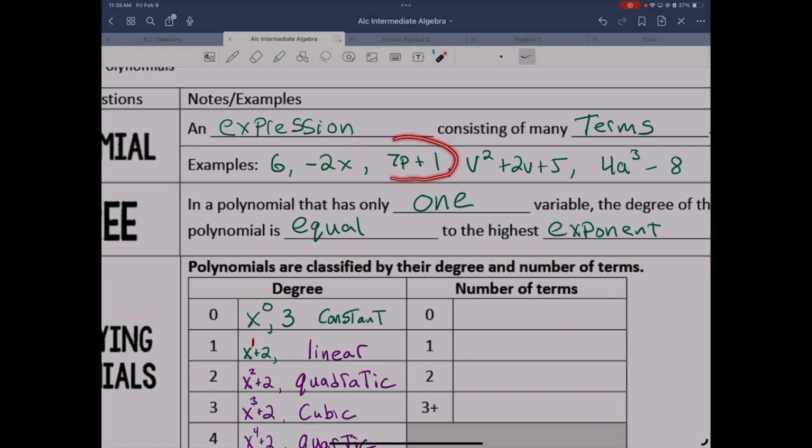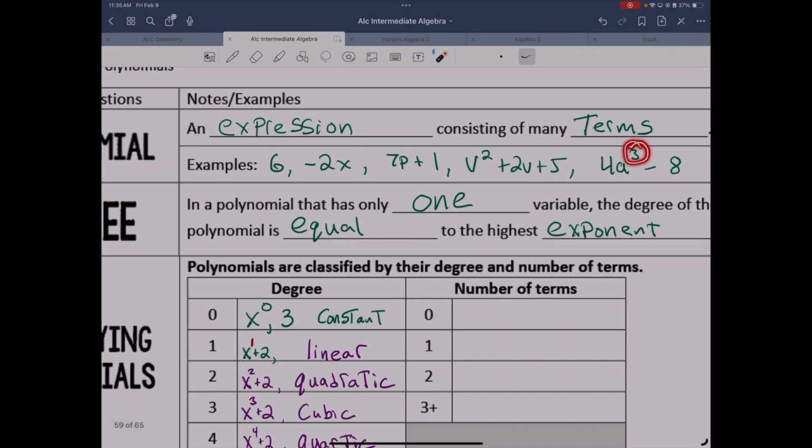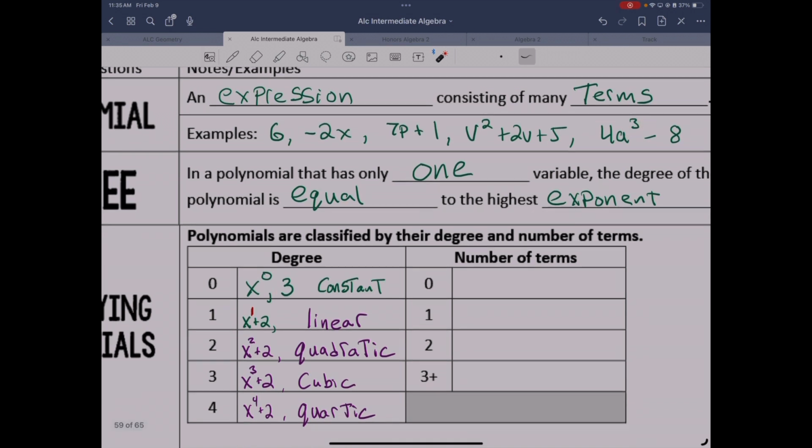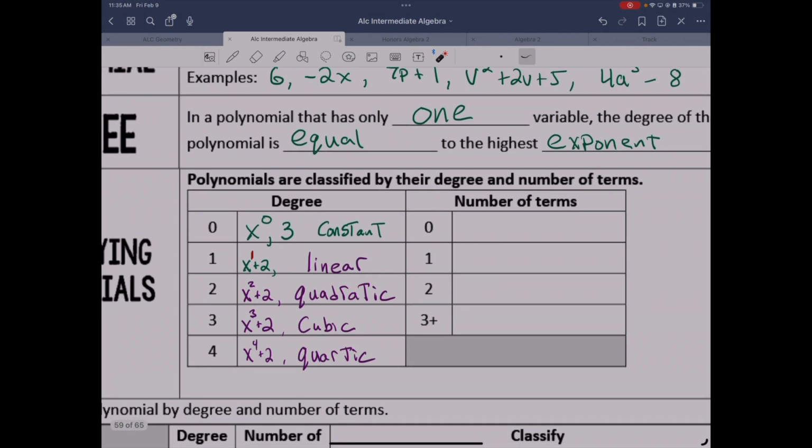If we look at 7p plus 1, our variable p is to the first power, so again, we say that's linear. The third one, v squared, is squared, so our power is 2, so we say that's quadratic. And the next one is to a cube, so we would say that this is cubic, because it's to the third power. Okay, so that's how we name polynomials by degrees.